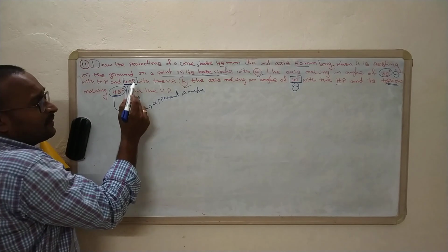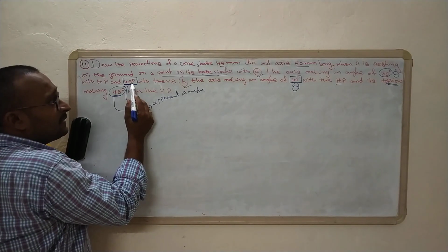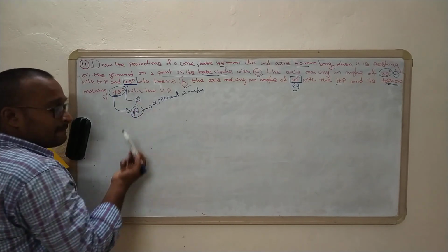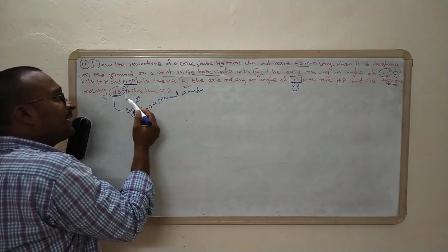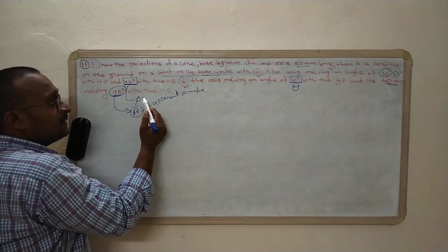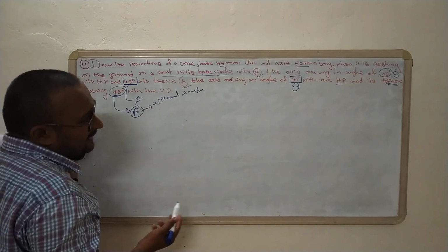So in the first case we must determine the apparent angle, which will definitely be greater than 45 degrees. Phi is equal to 45 degrees, but the apparent angle beta should be more than that.